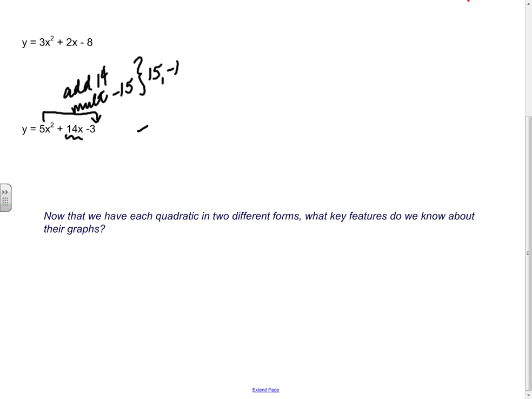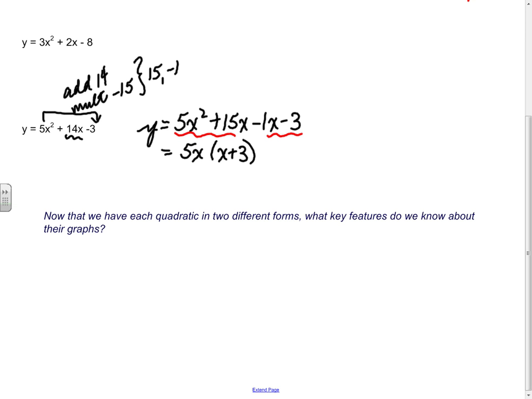So I will write that as y equals 5x squared. I'm going to do the 15 first, but it doesn't matter. It's 15x minus 1x minus 3. Then I can factor by grouping the first two and the second two, keeping in mind my ultimate goal. 5x factors in both, x plus 3, and I have factored the first two terms. Knowing for the second pair that I want to end up with x plus 3 in brackets, I will factor out a minus 1, which allows me to do that.